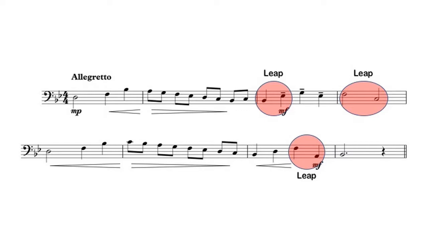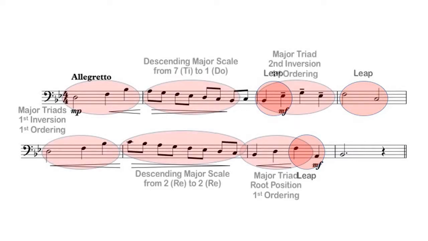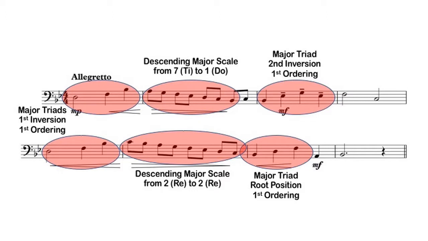I'm also going to practice some of the individual structures that I recognized in my previous steps. Mi, sol, do. That's measure 1. Measure 2 is a scale. Ti, la, sol, fa, mi, re, do. Measure 3 has that major triad in second inversion, a subdominant triad. Do, fa, la, fa.